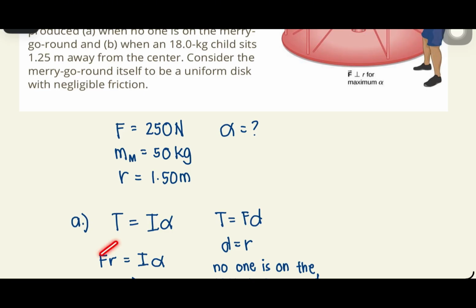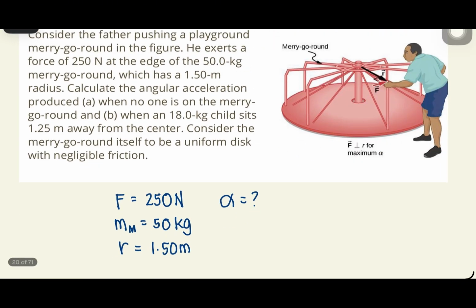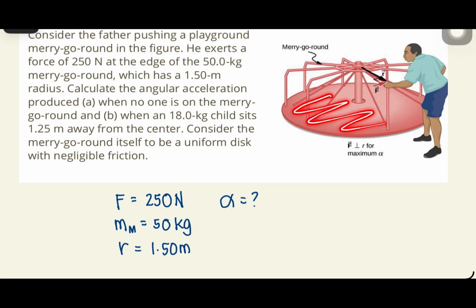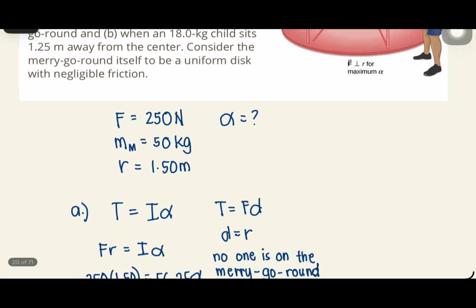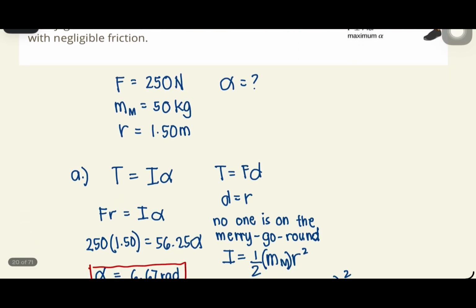We have here the known variables F and r. The only unknown variables are the I and alpha, where yung I po masasolve natin using the formula for moment of inertia ng solid object, since ito is uniformly distributed yung mass sa solid po yung merry-go-round. So yung I natin is equal to 1/2 m r squared.